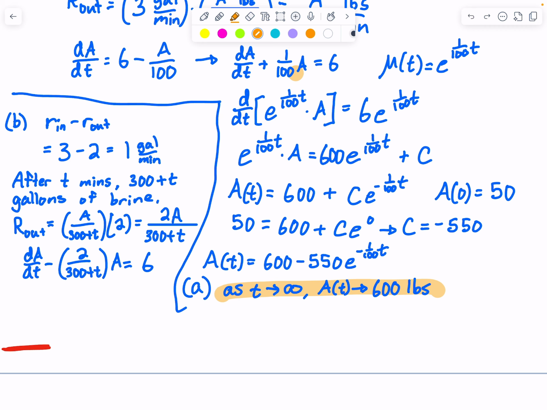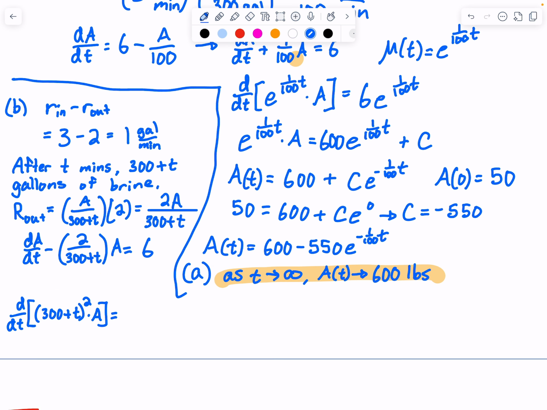So now that is a first order linear. We could do mu. I'm going to let you guys do that because I feel like you can handle first order linear. But how this works out here is I get a d/dt, and it's going to turn out to be 300 plus t squared times A. And then we have to have that on the other side as well.